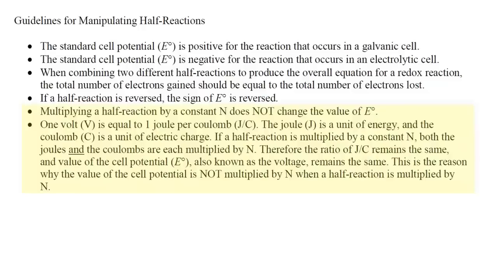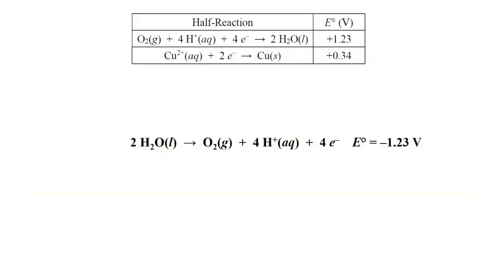So the ratio of joules per coulomb, or volts, remains the same. And so the value of the cell potential, which is also known as the voltage, remains the same. So that is the reason. It's because of the units and the fact that that ratio is doubled. That's why the value of the cell potential is not multiplied by n when a half reaction is multiplied by n. So watch what happens here.